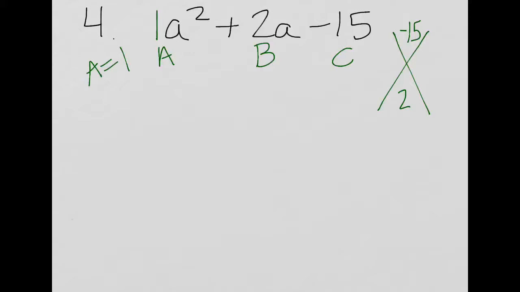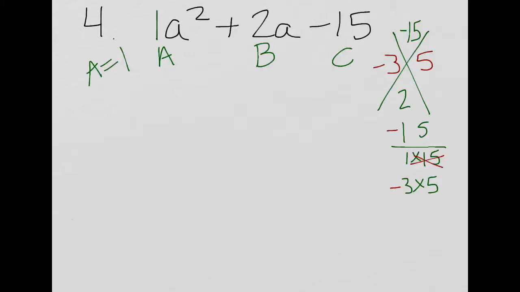So I'm looking for two numbers that multiply to give me negative 15, that add to give me 2. So 1 and 15, 3 and 5. It's not going to be 1 and 15, 3 and 5, but it's negative. So one of those has to be negative. Since we want a positive 2, it has to be the 3.